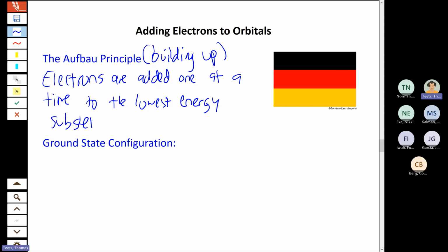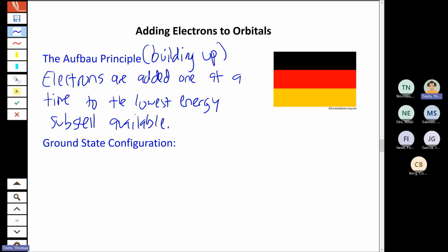In other words, we fill subshells from lowest energy to highest energy. You start with the lowest energy subshell and fill it up, and once that's full, if you have more electrons, you put those into the next highest subshell. You fill that up, and keep going up and up. So you fill one subshell at a time. Once that subshell is completely full, we move on to the next one if we still have more electrons that need to go in.